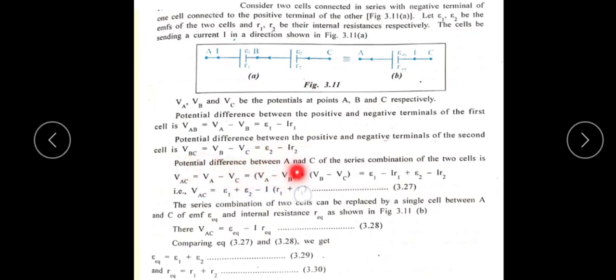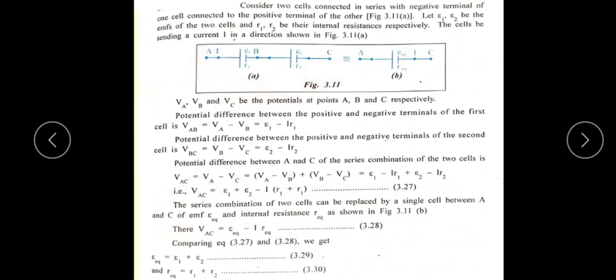The potential difference between A and C of the series combination of the two cells is VAC, which can be written as VA minus VC.